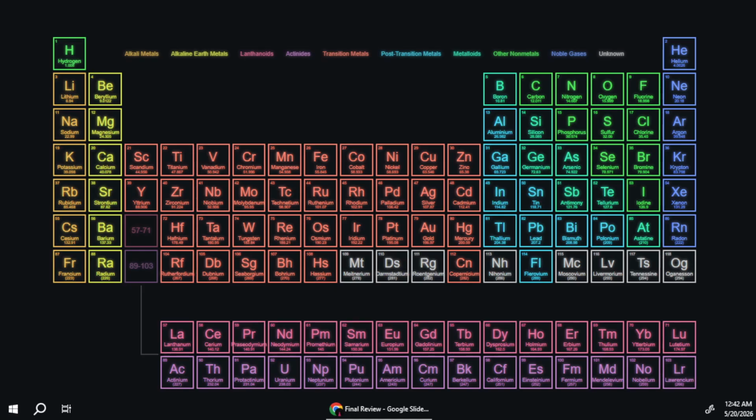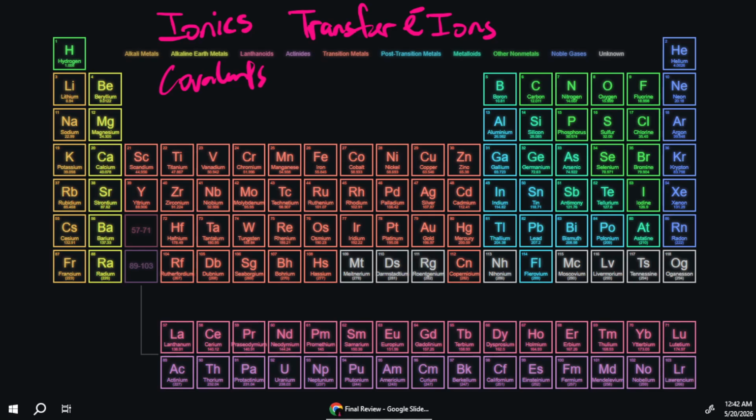So bonding is ionics, or transfer electrons between ions. Okay, transfer electrons between ions. Covalents will share electrons, and only nonmetals have enough electrons to share. The metals don't have enough electrons to share.